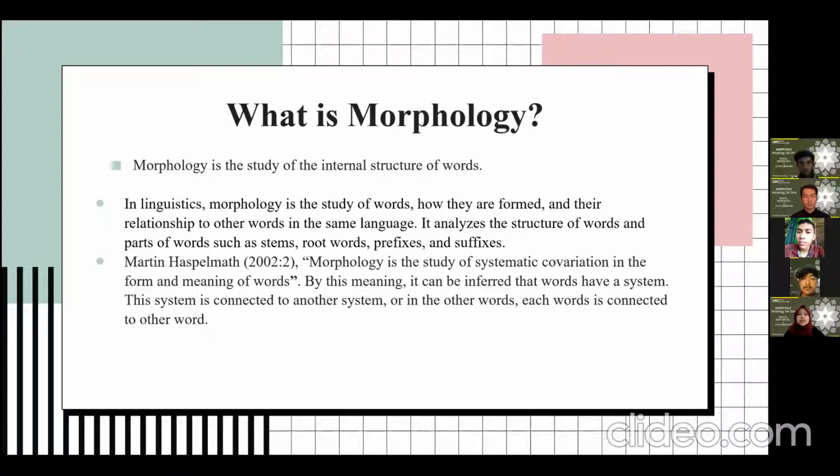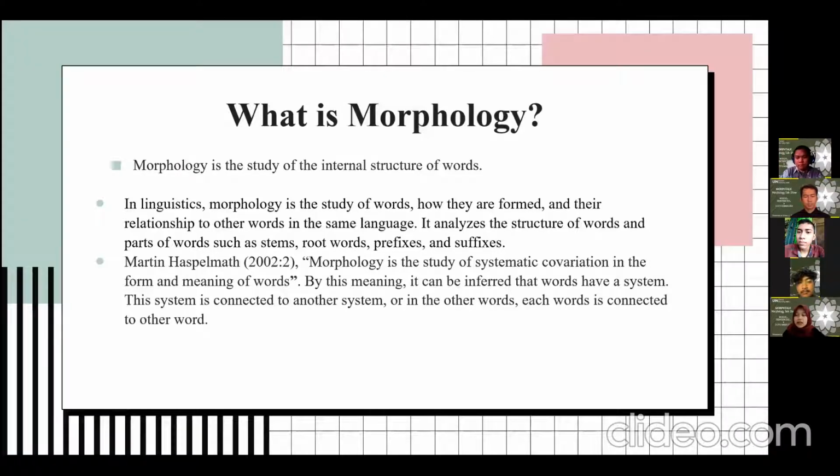And the second definition comes from Martin Haspelmath, a professor in linguistics. He said in his book that morphology is the study of systematic variation in the form and meaning of words. By this meaning, it can be inferred that words have a system, and this system is connected to another system, or in other words, each word is connected to other words.